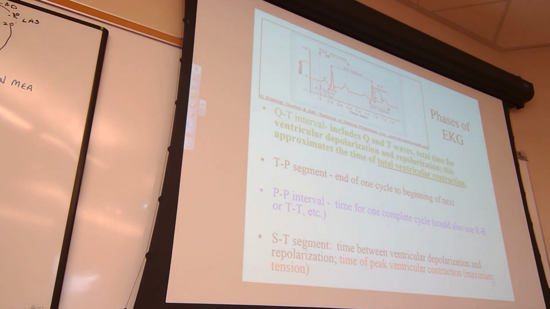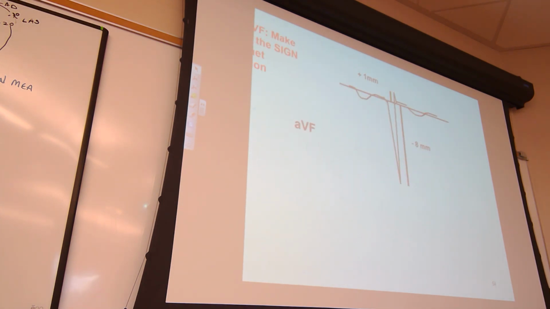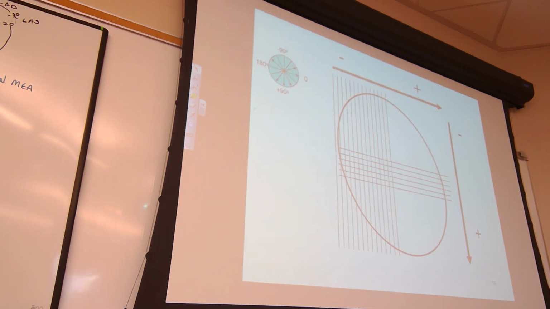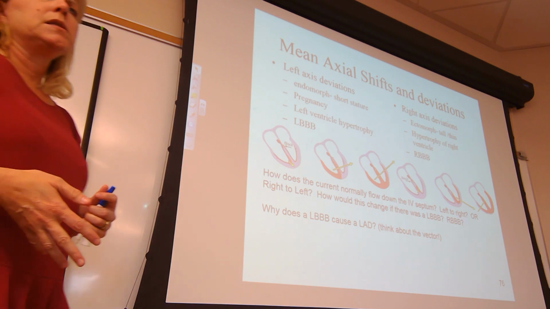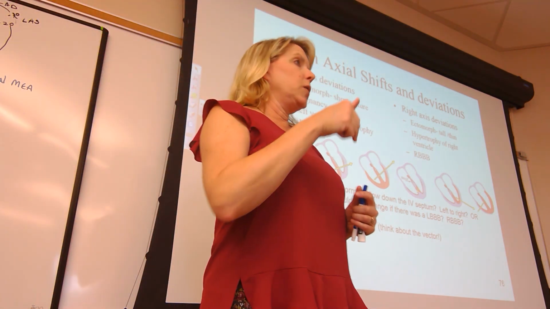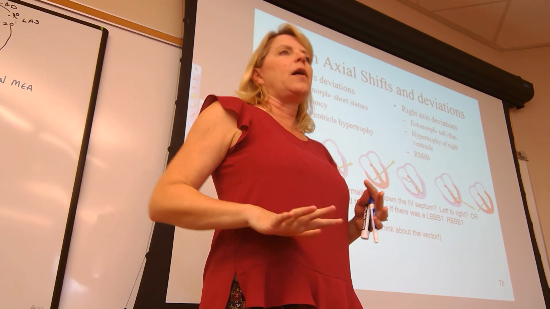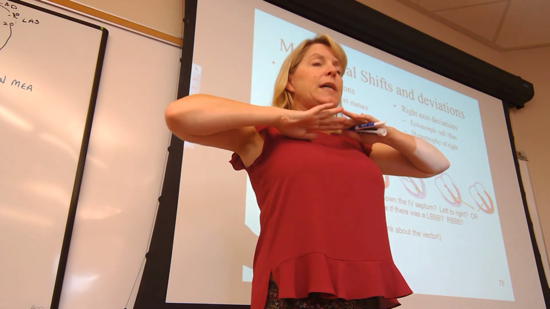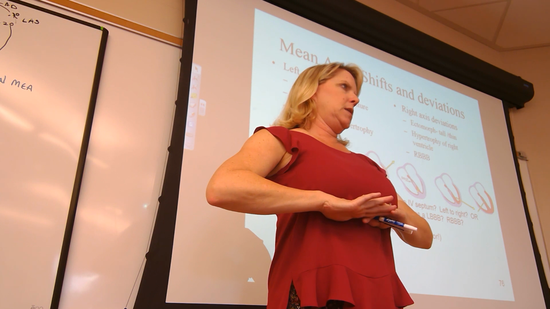Okay, so let me finish with when we see a change in MEA. The last slide. In your lab, I asked one of you in each group to hold your breath in or hold your breath out. Remember that? When you breathe in, your diaphragm contracts and it moves inferiorly.